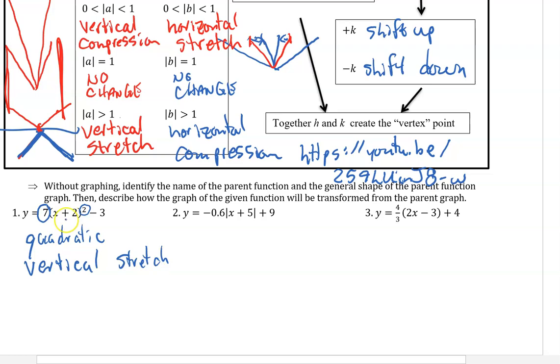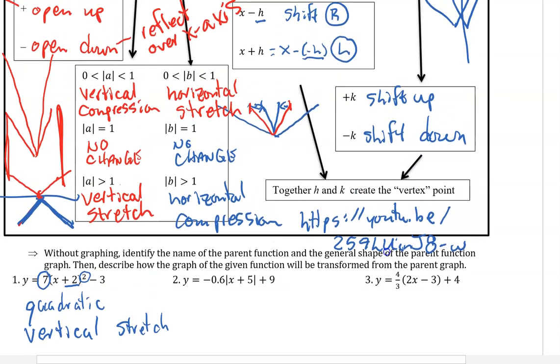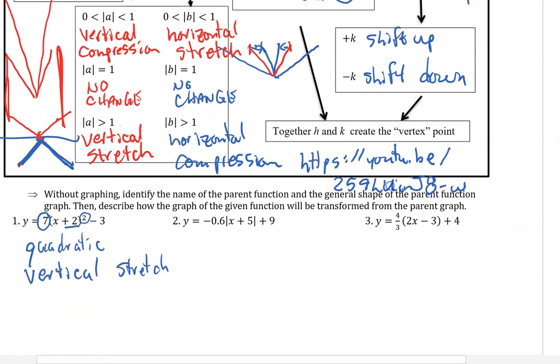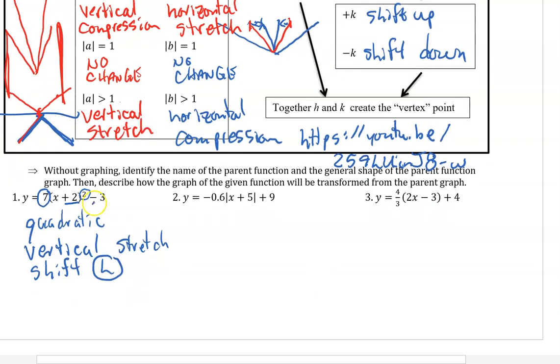We have x plus 2, so that means it's x minus negative 2. So h is negative 2, and therefore we shift left. When I say shift, by the way, I'm talking about the vertex and everything else, but the vertex is what you're focused on. And then minus 3 at the end means we shift down. So shift left 2, down 3.